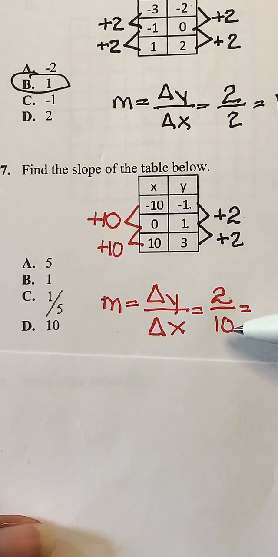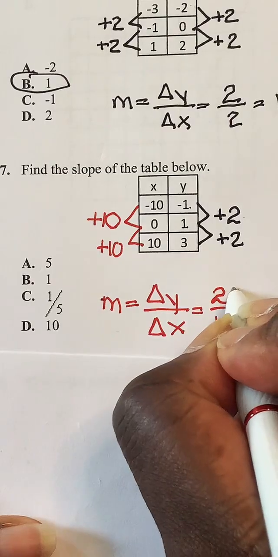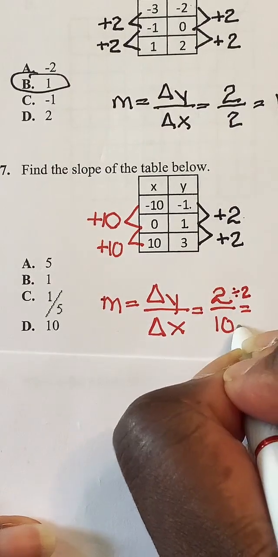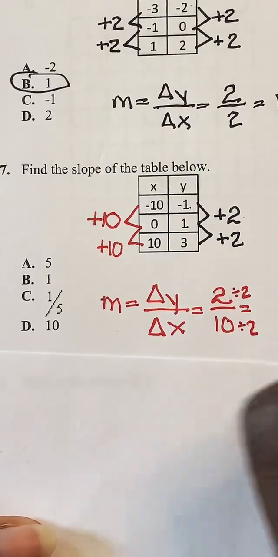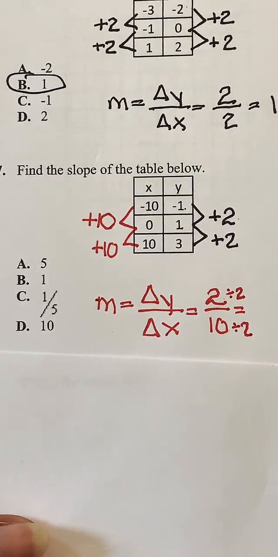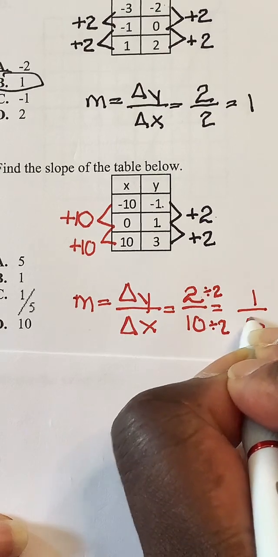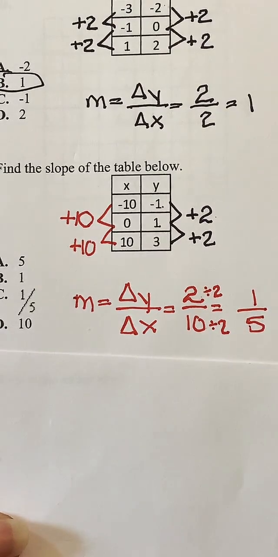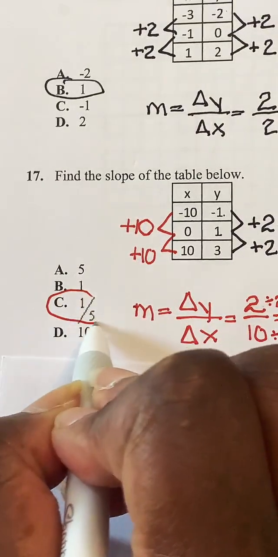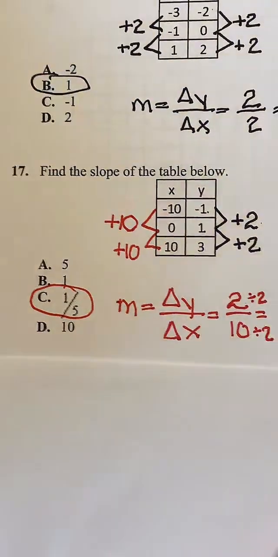So that means I need to simplify it by 2. So if I divide my numerator by 2 and my denominator by 2, I'm going to get 1 over 5. Okay. All right. So our answer is C.